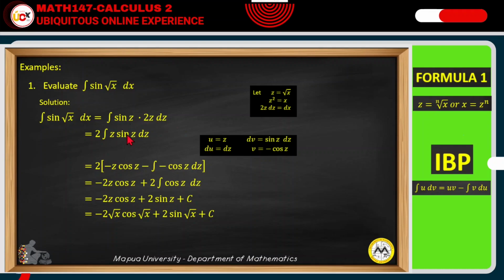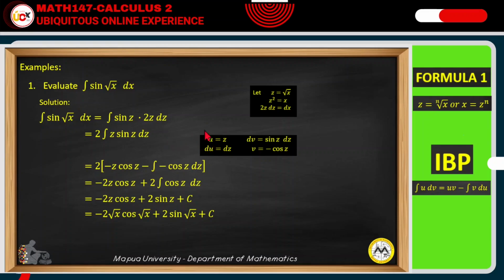This can now be written as 2 times the integral of z sine z dz, where this product is a product of an algebraic and a trigonometric function. Because this is a product of algebraic and trigonometric functions, we can evaluate this by using integration by parts.